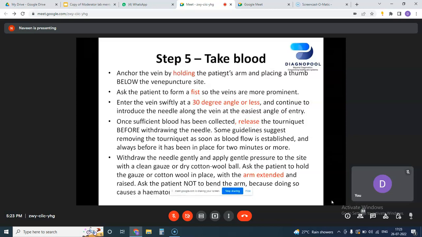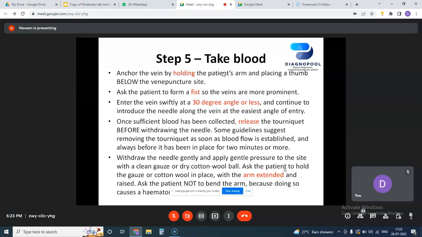And after the blood is collected, because when you use vacuum containers the vacuum itself will draw sufficient blood, remember, the patient should be asked to hold the gauze or the cotton in place with the extended arm.